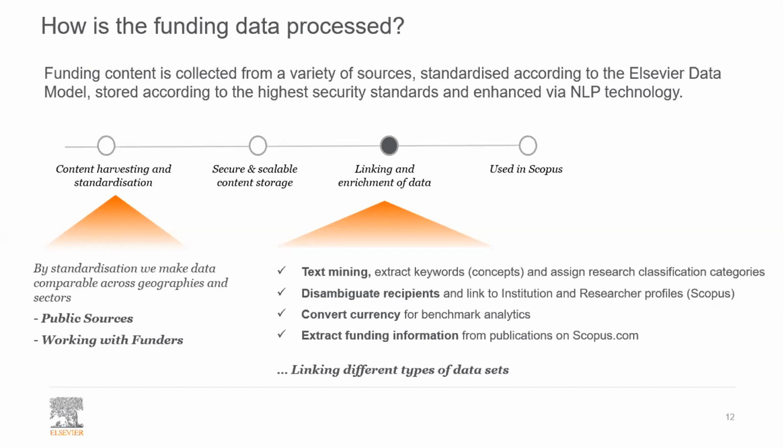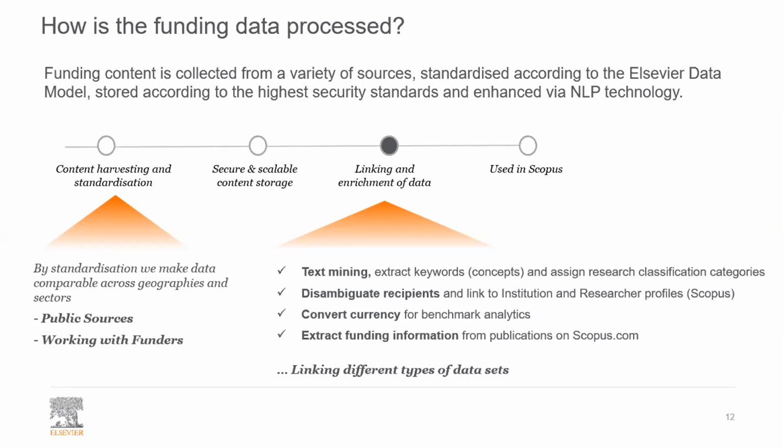And then by using the Elsevier standard format, we are able to have a standardized way for funding data available worldwide. All this collected metadata is then stored in the Elsevier funding database, following the security guidelines, and also we are GDPR compliant.